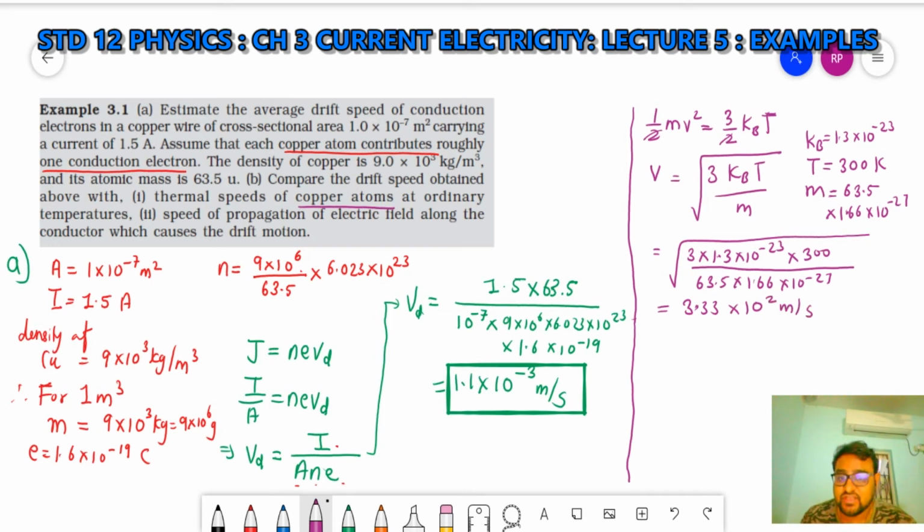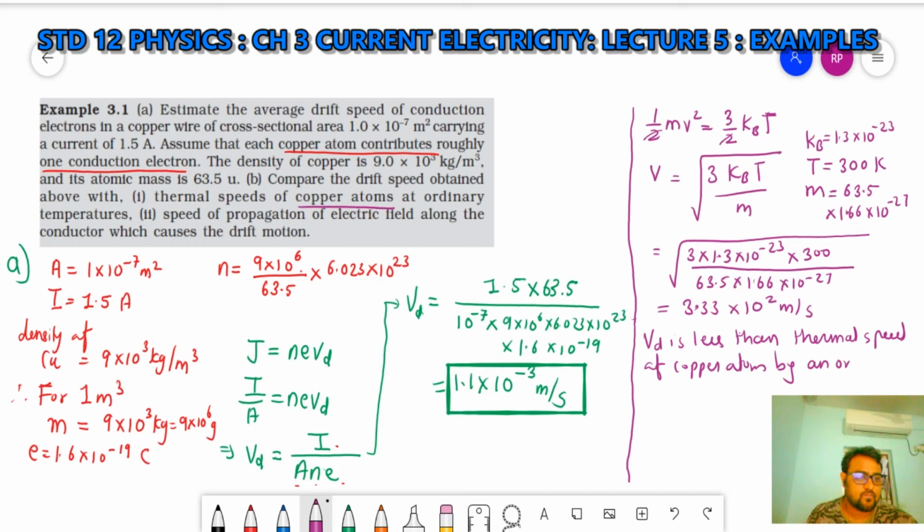Right? So see, drift velocity is very small. Drift velocity is less than the thermal speed of the copper atom by an order of, see, it's minus 3, if I just take the power of 10, minus 3 plus 2, so it will be 10 raised to 5.